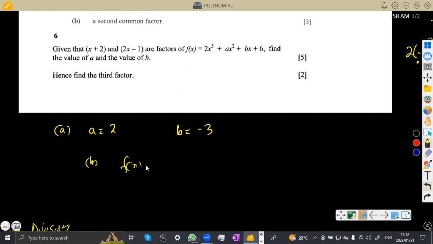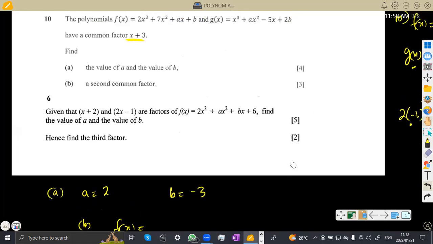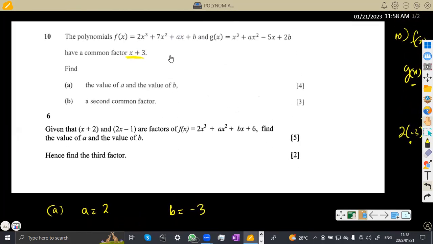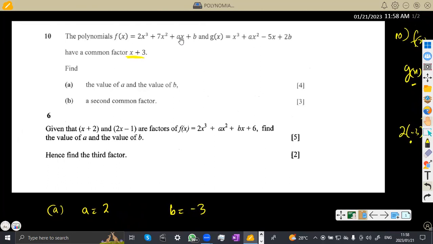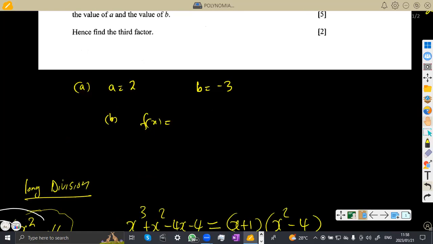So remember, f of x was given as 2x cubed plus 7x squared plus ax plus b.